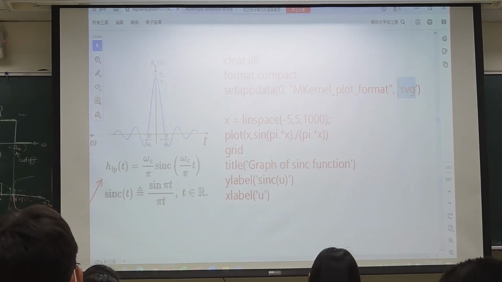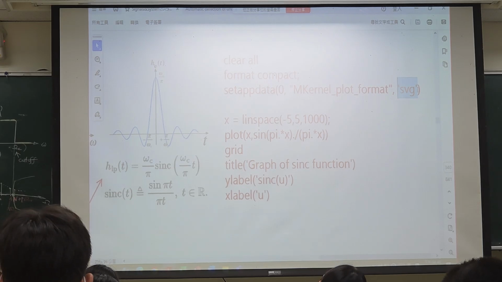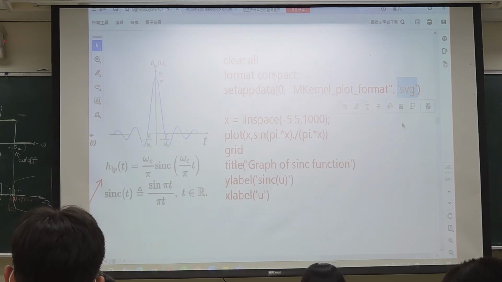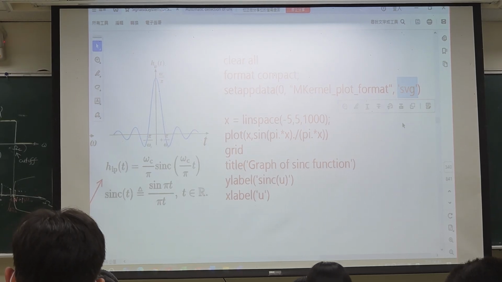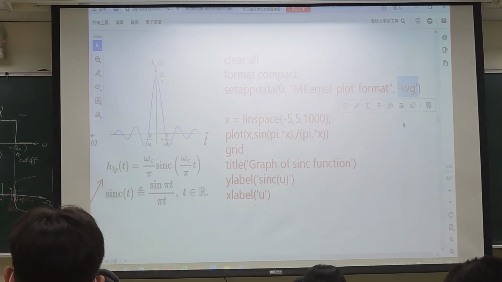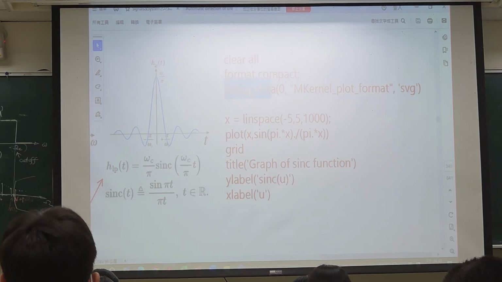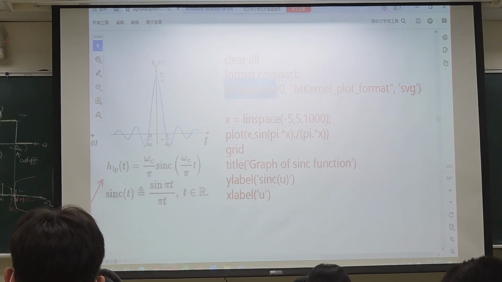SVG is one of the formats of a figure. Usually we use PNG or JPG, and another one is SVG. So what is the purpose of using this command?